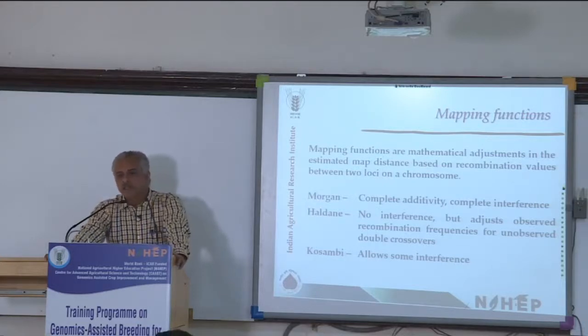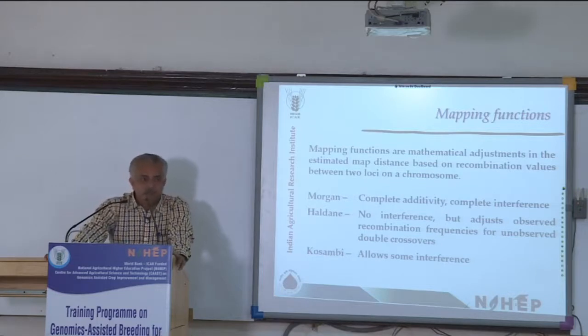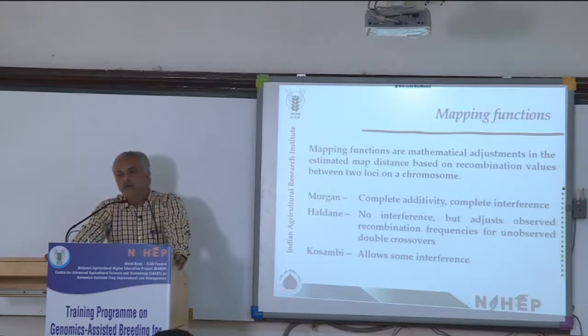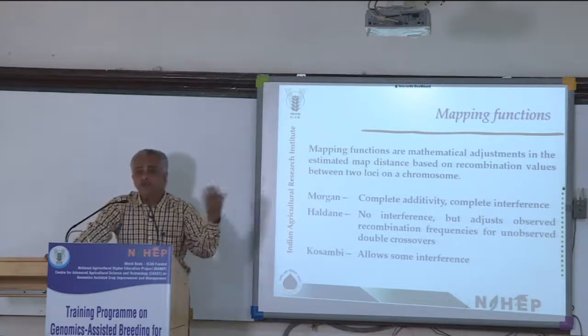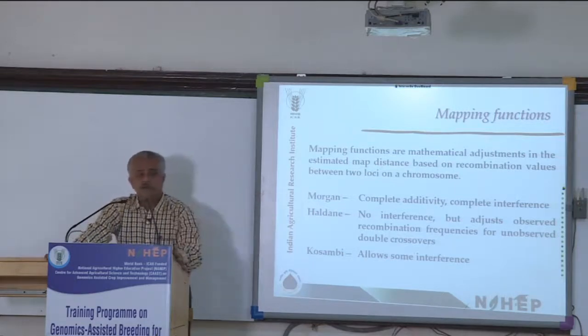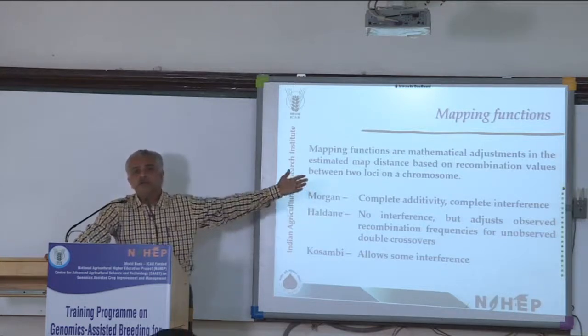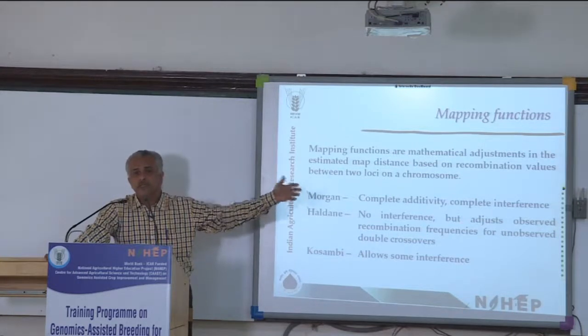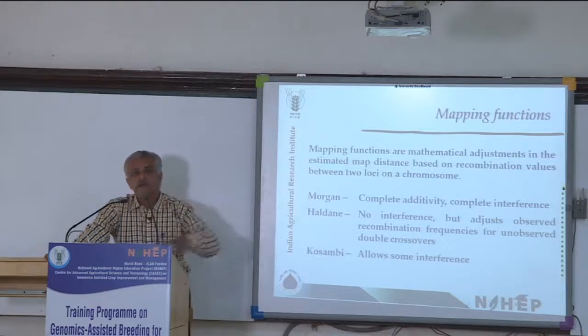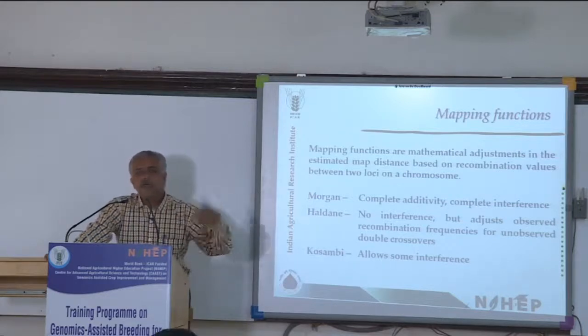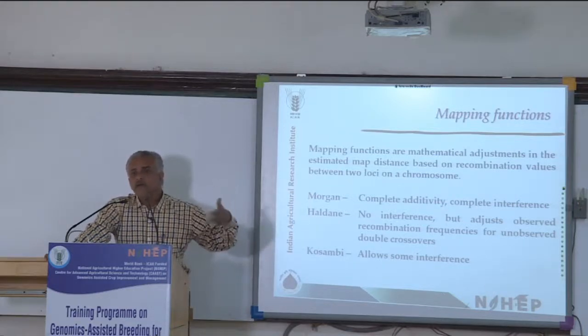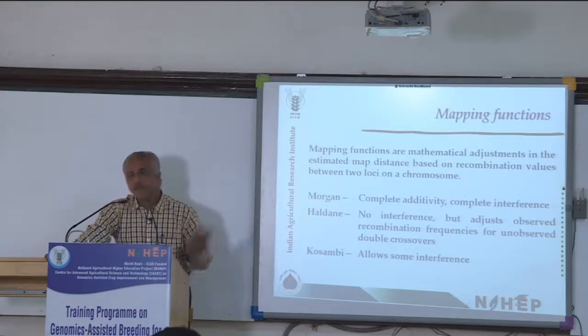There are several of them. Several people have proposed several mapping functions. However, Morgan proposed that there is no interference at all, so there is no need for mapping functions. He says that the distances are perfectly additive.